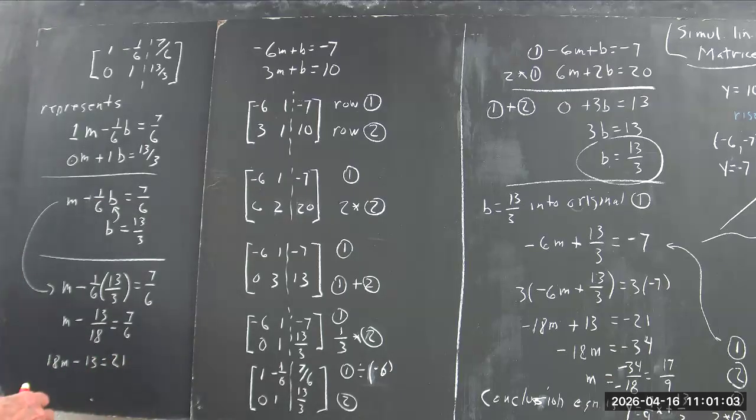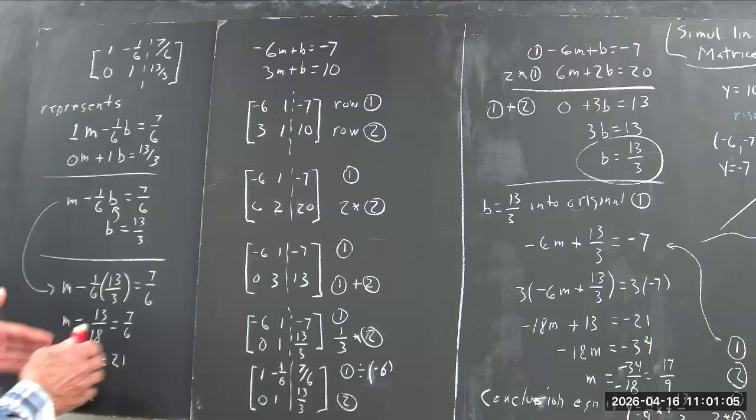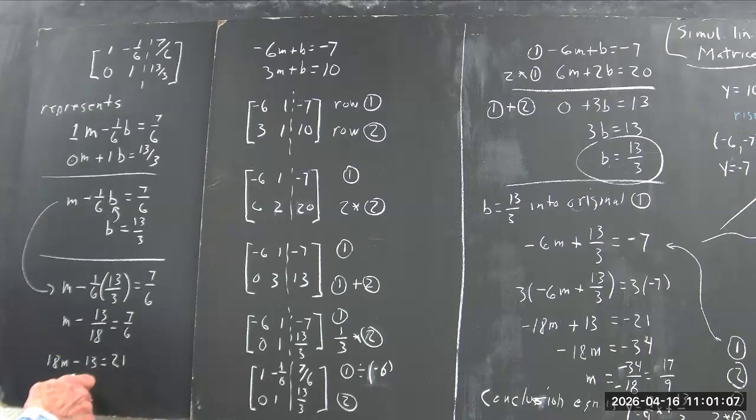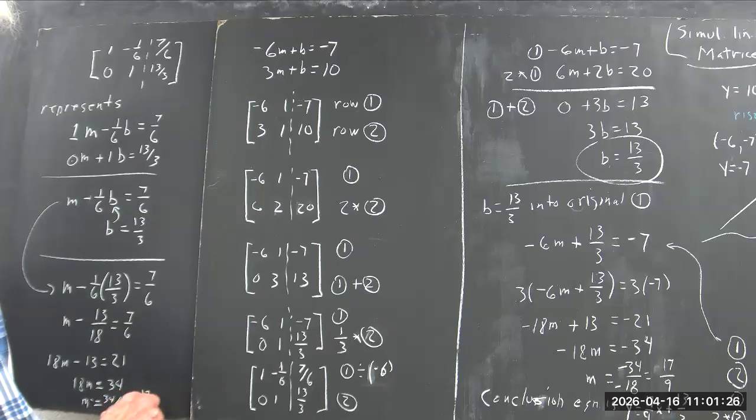I'm not going to go through the details of that fraction, but be sure you understand those details. Which gives me 18M equals 34, so that M is 34 over 18, which equals 17 over 9.